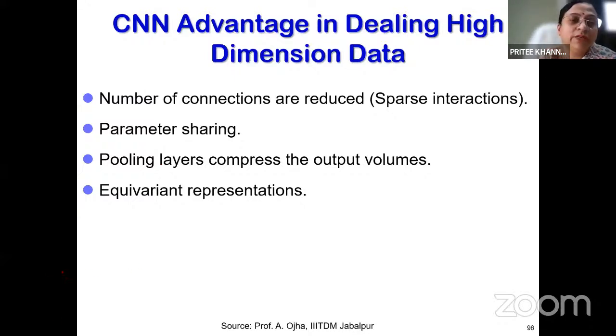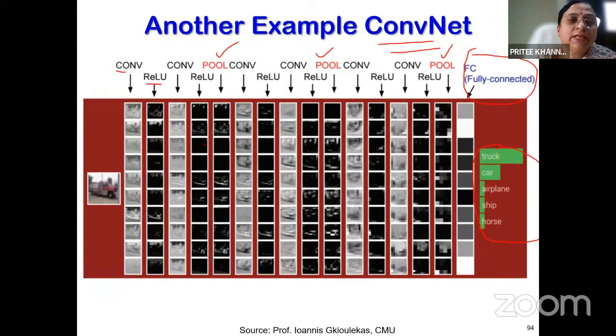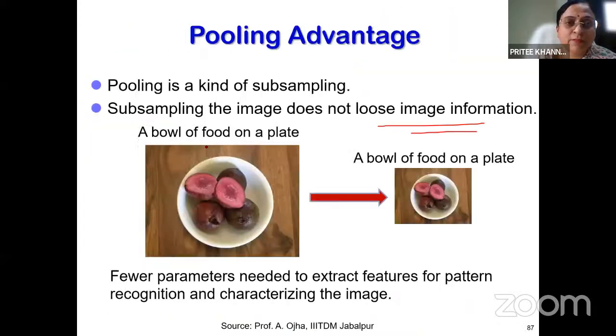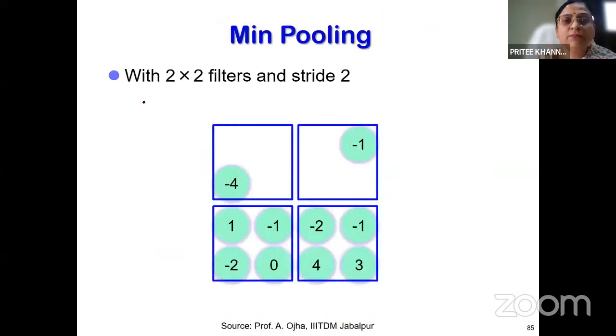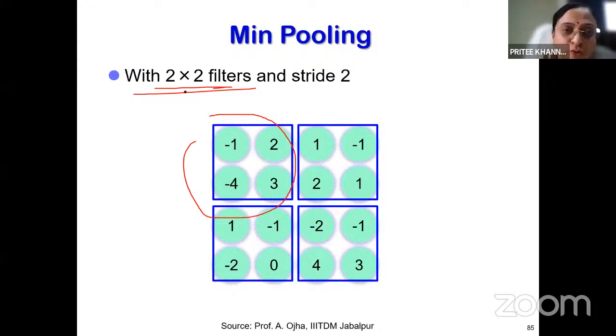So pooling, okay, you didn't get pooling, just a minute. Let us first give one example of pooling, then I will come to that. Here pooling is simple. Let us say the pooling is there. Here you have chosen that you are going to do the pooling with 2x2 filters.